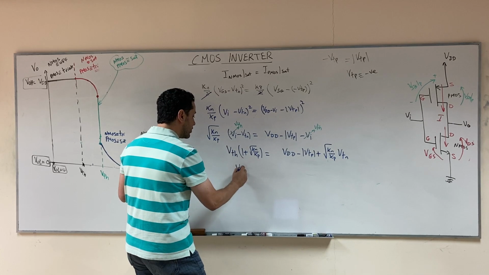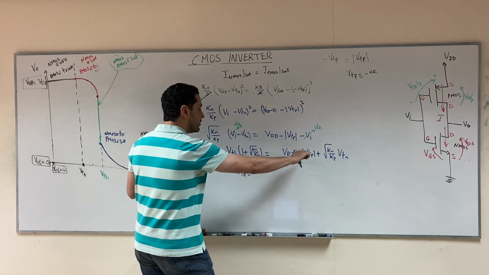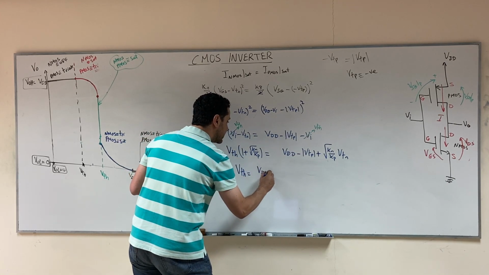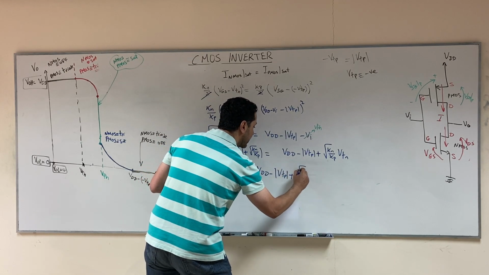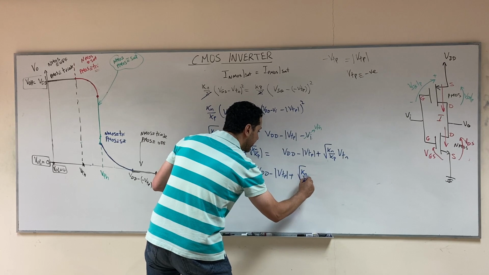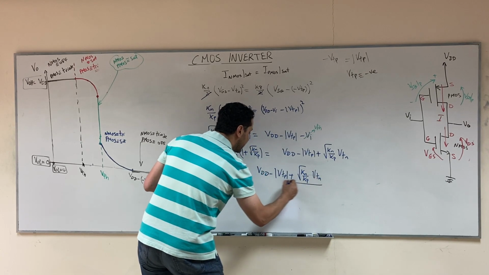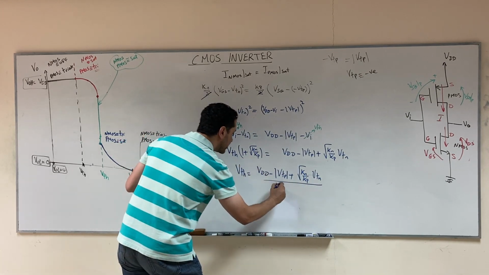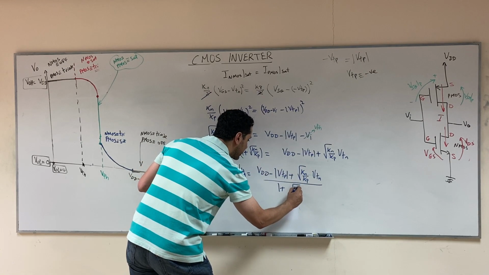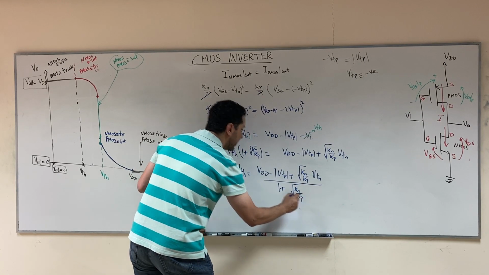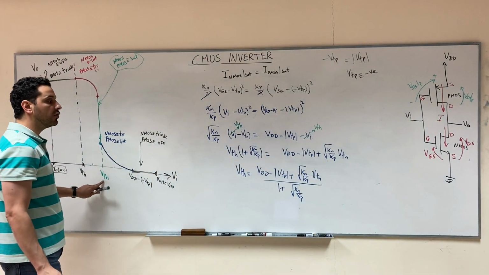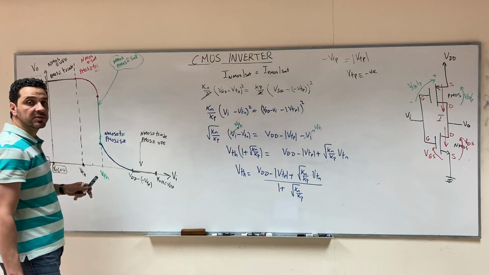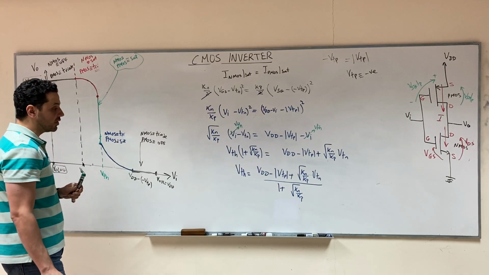And then if you want to find VTH now, you divide over this factor. So it will be VDD minus magnitude VTP plus square root Kn over Kp times VTN, divided by 1 plus square root Kn over Kp. This is now the expression of this point, the value of the input that satisfies that both transistors are working in saturation.